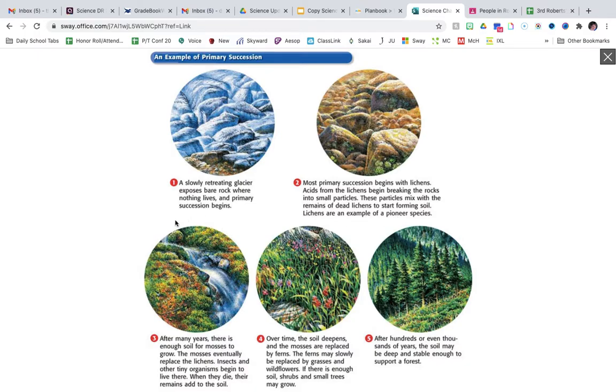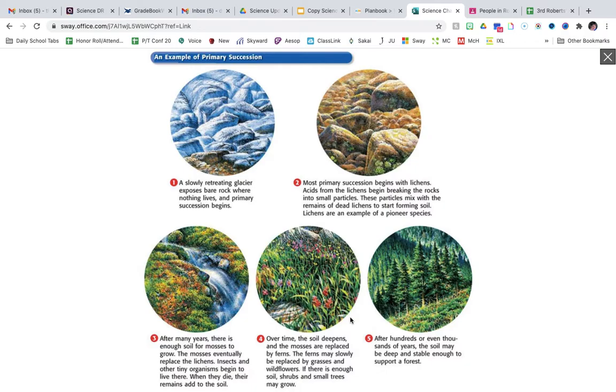And here is this area after many years. There's enough soil for mosses to grow. The mosses eventually replace the lichens. Insects and other tiny organisms begin to live there, and when they die, their remains add to the soil. Then over time, as the soil deepens, the mosses are replaced by ferns, and the ferns may slowly be replaced by grasses and wildflowers.